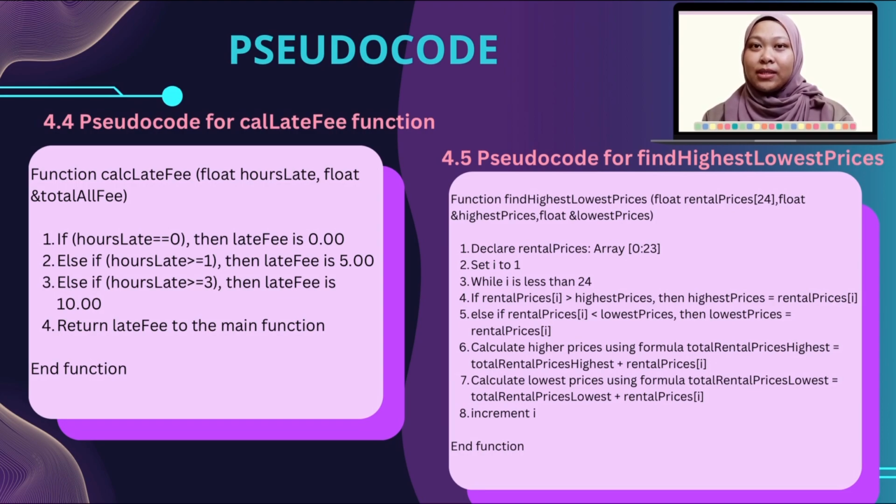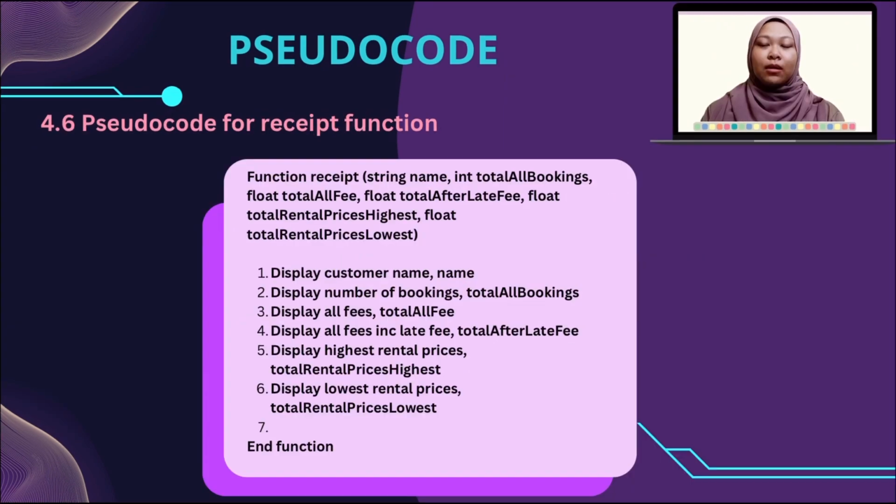To calculate highest prices, using formula total rental prices highest equal to total rental prices highest plus rental prices. To calculate lowest prices using formula total rental prices lowest is equal to total rental prices lowest plus rental prices. Increment I to loop the statement until the loop condition ends, and end the function.